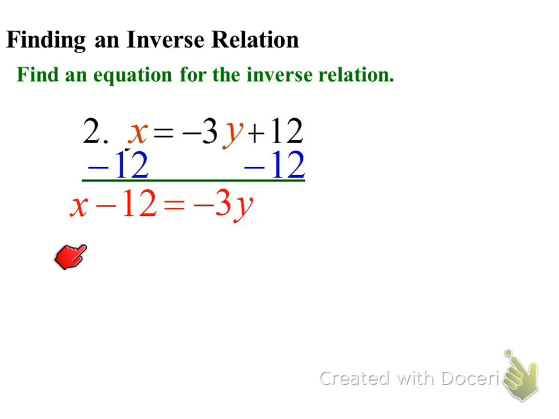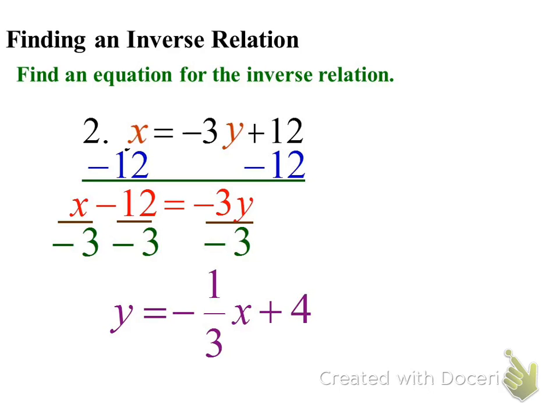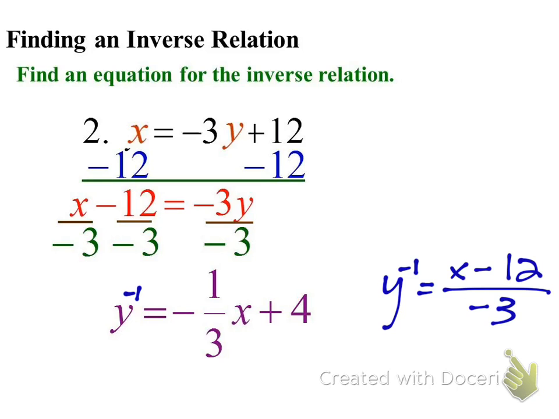Now you're going to see that we divide each piece by negative 3, getting us negative 1/3 x plus 4, or x over negative 3. That's also what we talked about. The other way, we could have just left it as x minus 12 all over negative 3. Those are the same. I'd be okay with both.